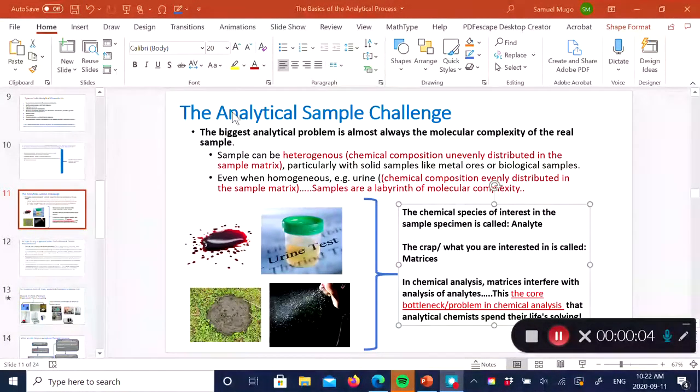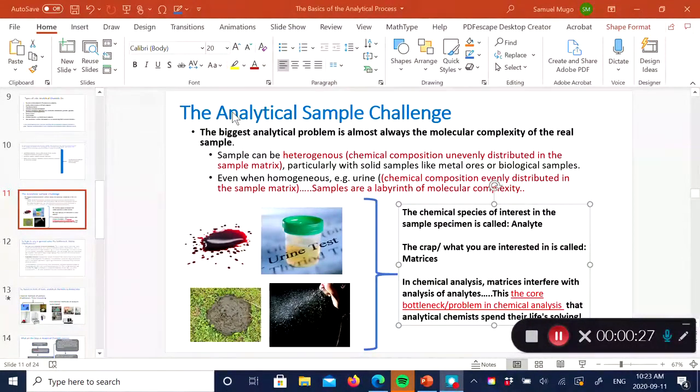In almost all cases, the biggest analytical sample challenge is that the sample exists in a molecular complexity environment. Within the sample, you've got what you're looking for, the chemical species that you're looking for.